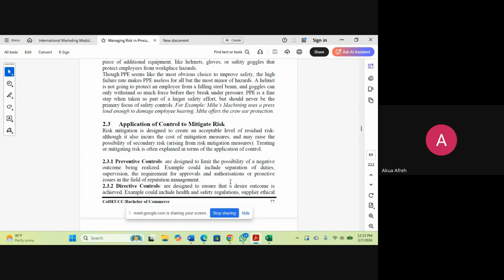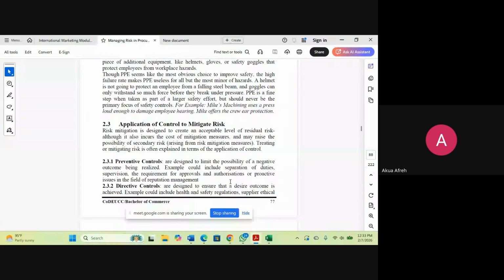Then we have the directive controls. With the directive controls, we are saying it ensures a desired outcome happens. So you talk about the Ghana Standards Authority.